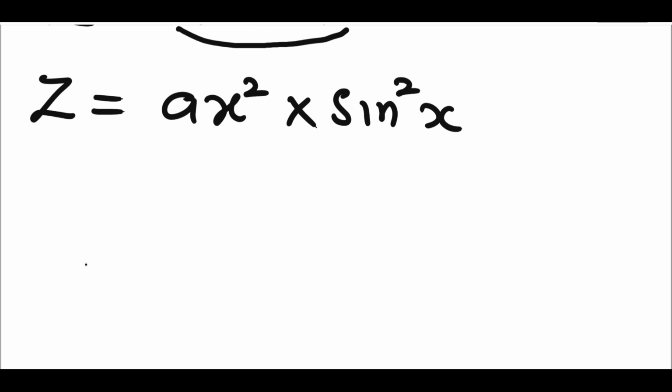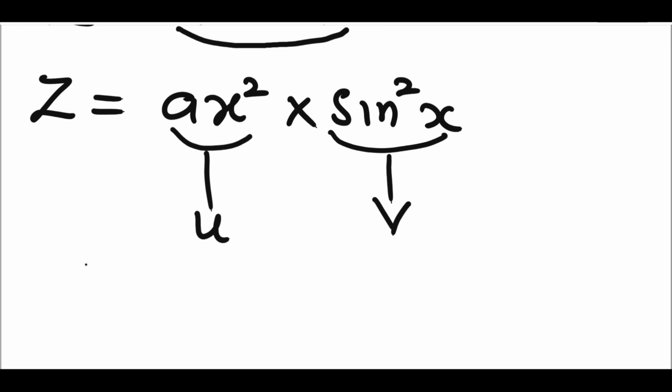Now, since we have two factors multiplying to give us the term, we are going to apply the product rule. So we'll name ax squared as our u and sine x squared as our v. So we are going to get z equal to u multiplying v.